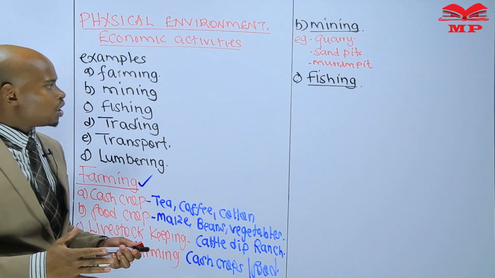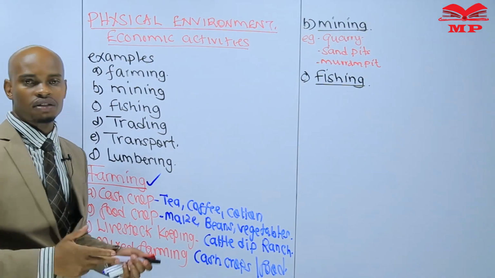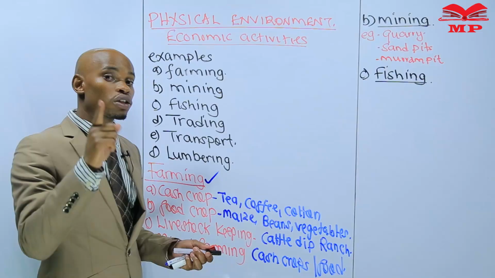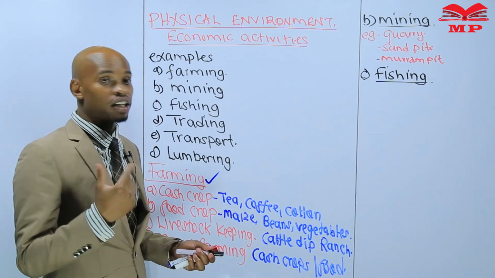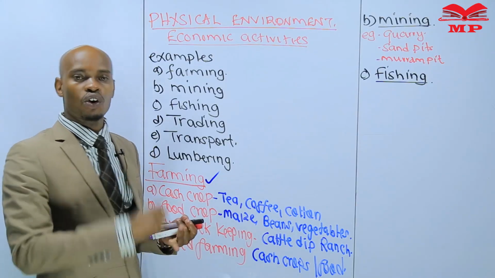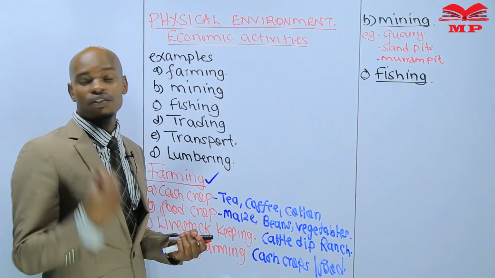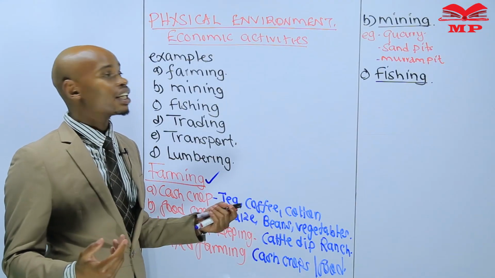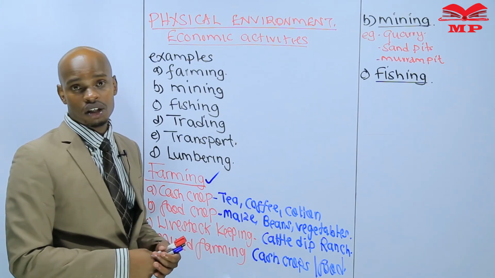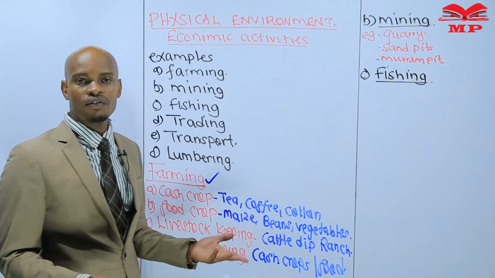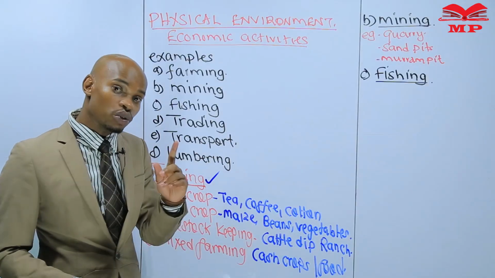Now, the mere presence of a lake or a river or an ocean or a dam does not necessarily mean there is fishing, because we have lakes, rivers, and dams that do not have fish.